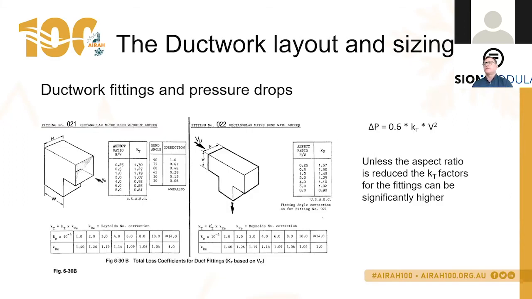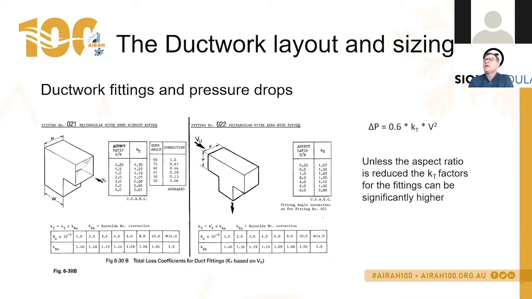And this is also reflected in the static pressure losses that will occur through fittings and bends. With aspect ratios of greater than 8:1, as you can see for fitting number 021, you can see that the maximum aspect ratio that's put in there for a determination of a KT factor is 8, or the minimum one is 0.25. 0.25 in this instance equates to the 4:1 ratio that I was talking about before.